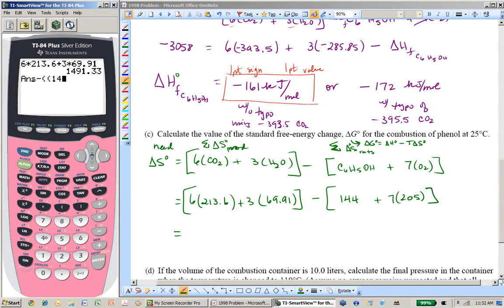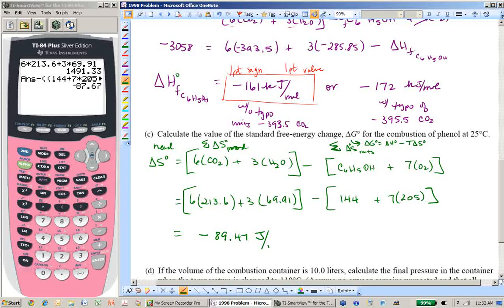I've made a commitment. 144 plus 7 times 205. I'll close both of them, it won't matter. And I get a negative value, a negative 89.47 joules per mole Kelvin.